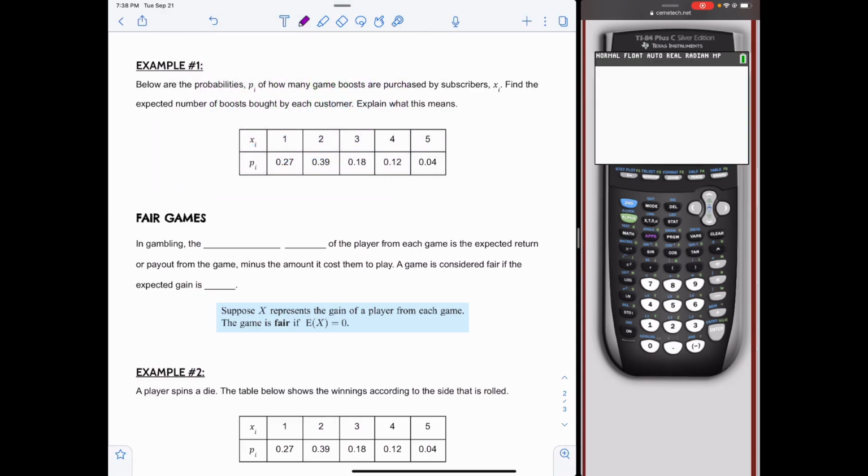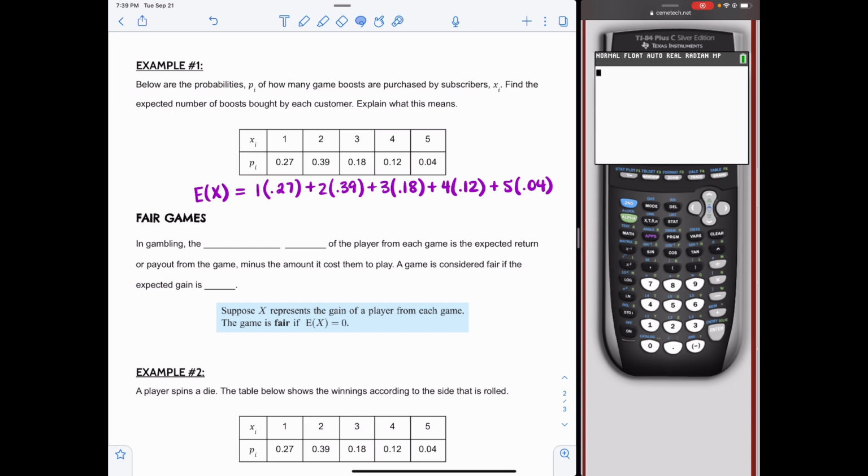So here I can say that E of x is equal to 1 times 0.27 plus 2 times 0.39 plus 3 times 0.18 plus 4 times 0.12 plus 5 times 0.04.